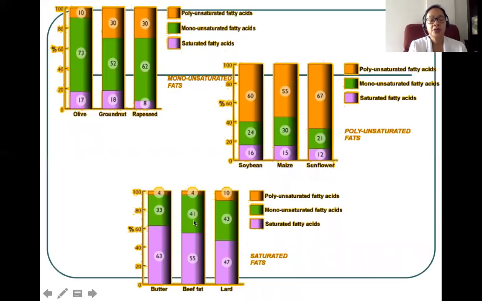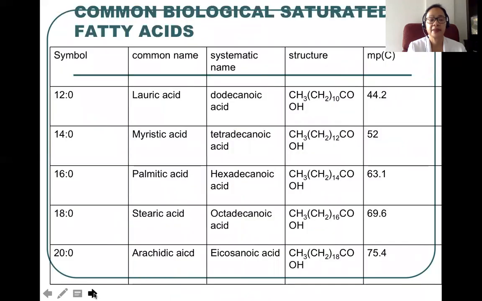Okay. So I'm showing you now the sources of your fats. So if you notice the unsaturated, both the mono and polyunsaturated fats, the main sources are your plants. Whereas the saturated fats can be sourced from the animals.